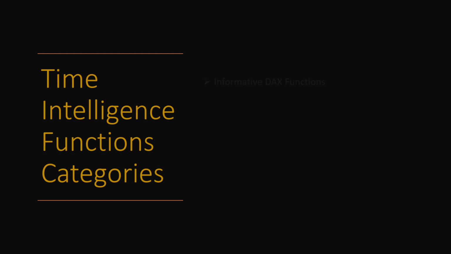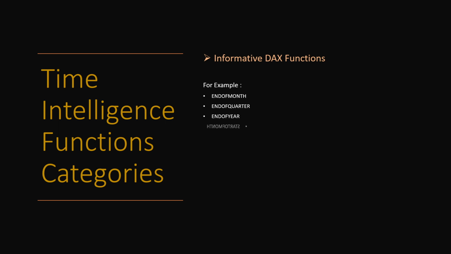Then the third category is informative DAX functions. Here we can get information like the end of the month, end of the quarter, end of the year, start of the month. These functions provide us specific information.